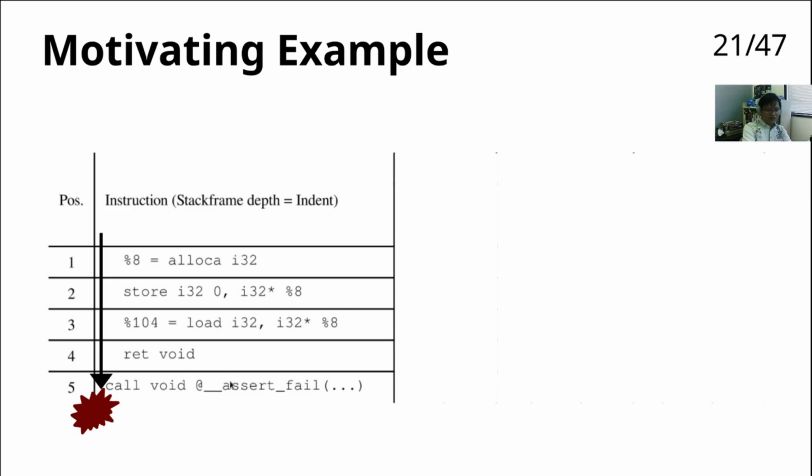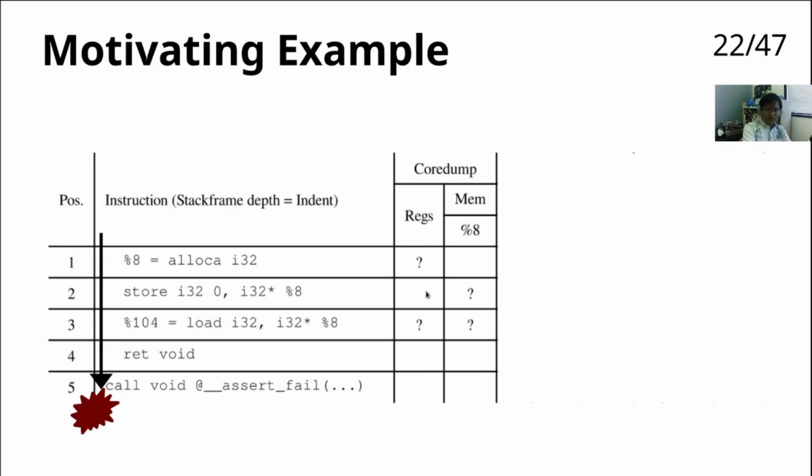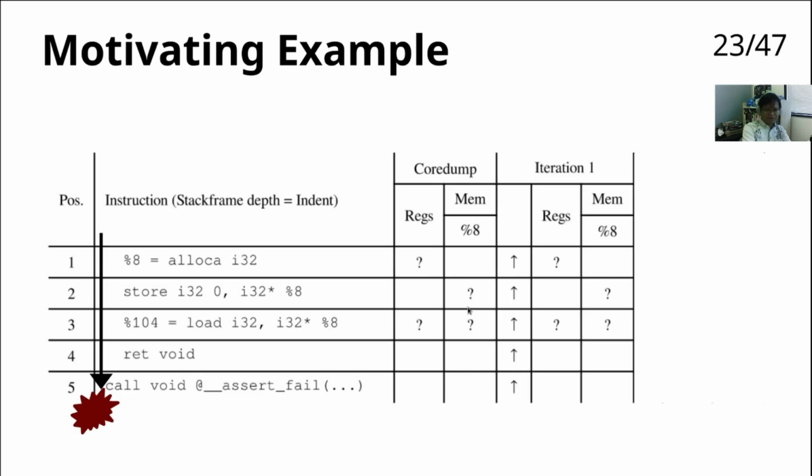Let's say we're trying to forward execute this. Let's say the core dump contains these values. Because we returned at position 4 here, the contents of the stack are lost. Therefore, everything is unknown, denoted by the question mark.